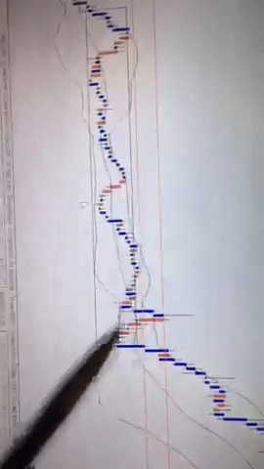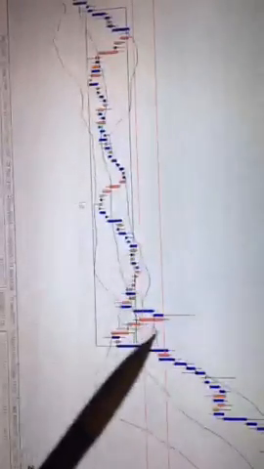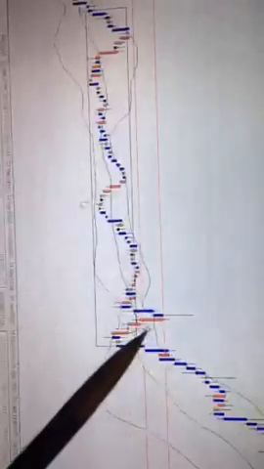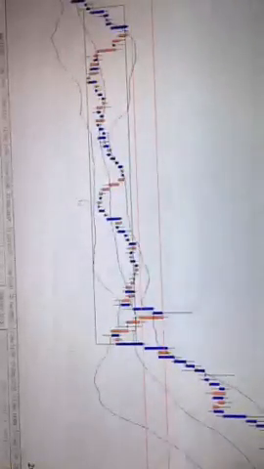If we are looking to long, if we are looking to buy, we are looking for the upper band to start turning and curving upwards, to show that the volatility is opening up for price to go upwards. Does that make sense?